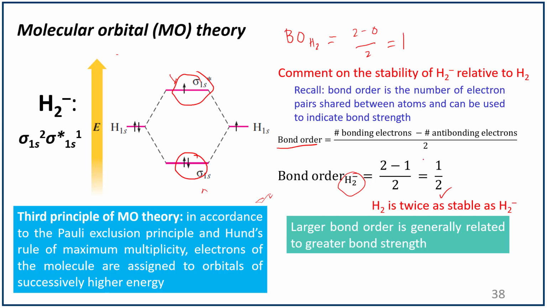What this means is that the higher the bond order, the more stable the compound is. So molecular hydrogen with the negative charge is stable, but it is half as stable as molecular hydrogen without any charge.